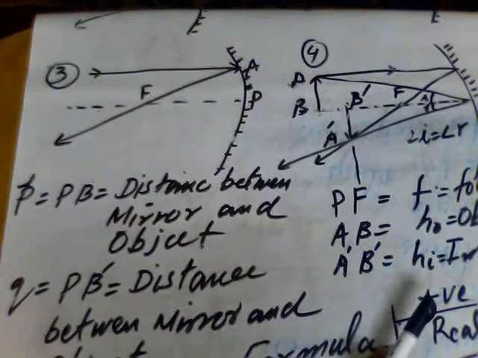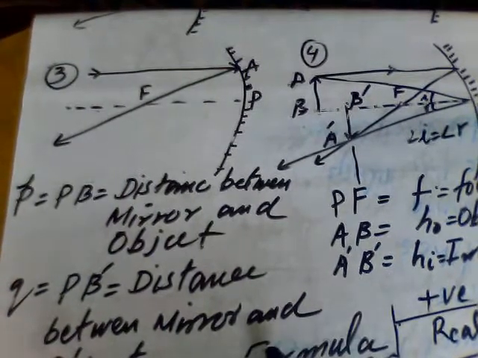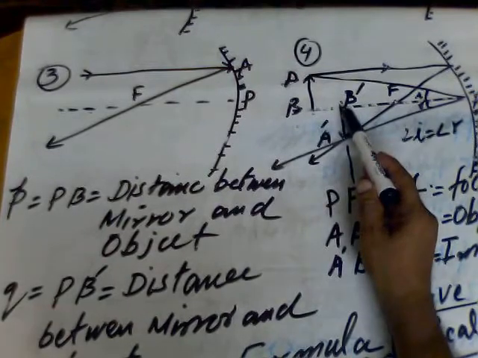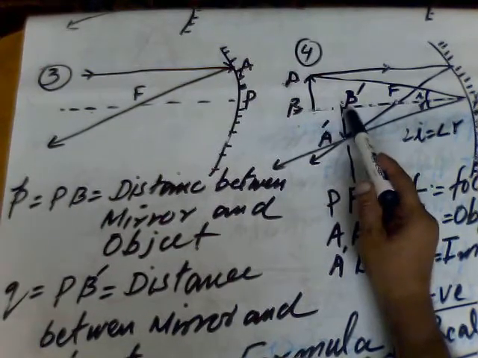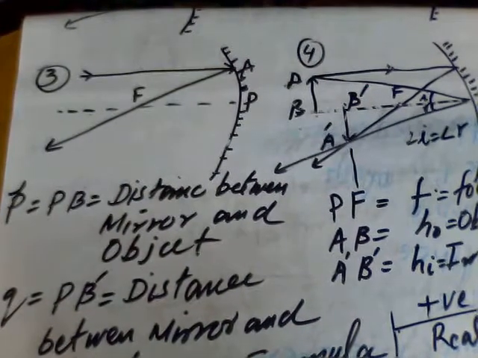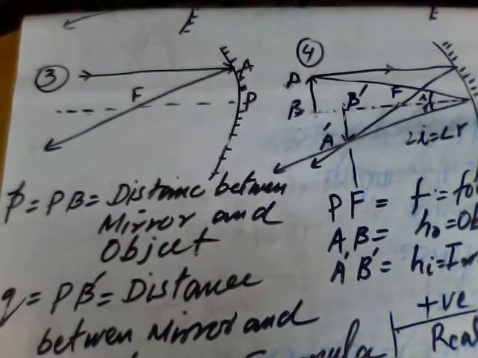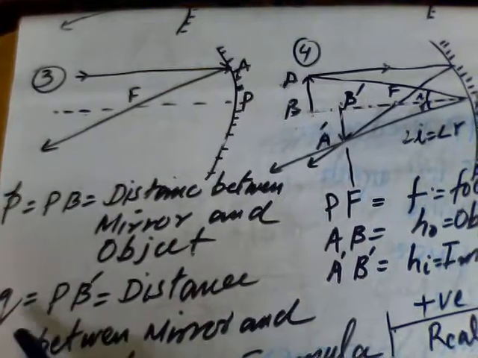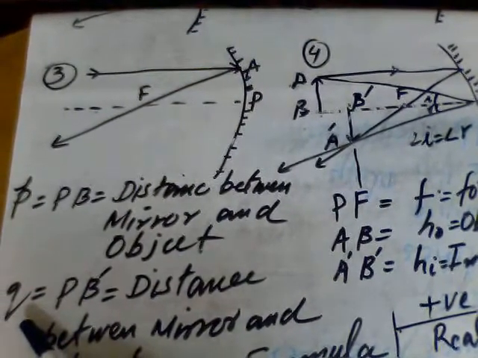And PB dash, the image bottom and the pole, is the distance between the mirror and the image. It is represented by q.